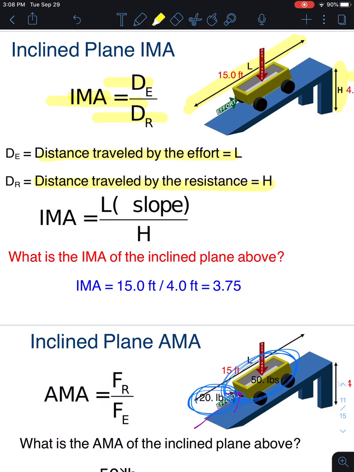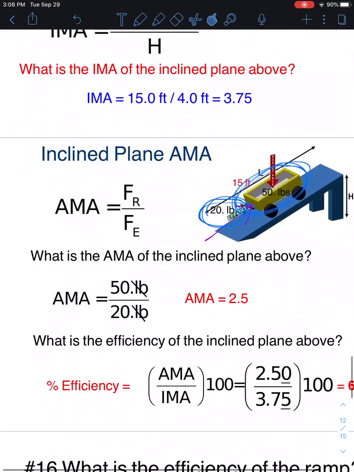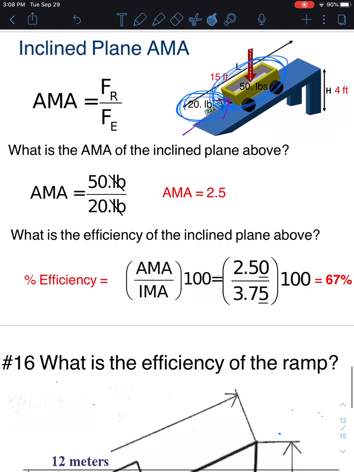In this case, it's 15 feet divided by 4 feet for an answer of 3.75. Then you've got your numbers here that somebody's been scribbling on already. Your AMA, actual mechanical advantage, deals with forces: force of resistance, or the load, divided by your force of effort.